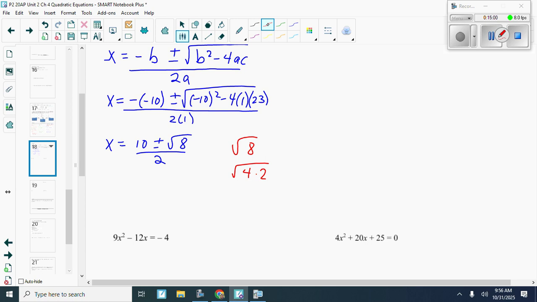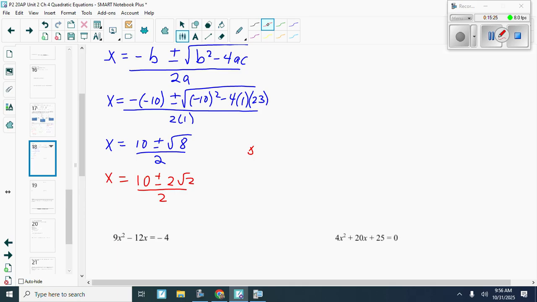The square root of 4 is 2, and then we're left with root 2. So root 8 is the same as 2 root 2. I don't need to see this work. You guys can go right to x is equal to 10 plus or minus 2 root 2, all over 2. So that was your whole review of radicals.